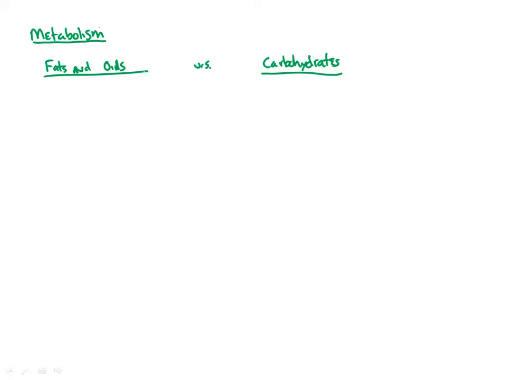But if we take a look at a single fat or oil molecule or a single carbohydrate molecule, you get about 9.5 kcals per gram, or 40 kilojoules per gram, of energy when oxidized completely.